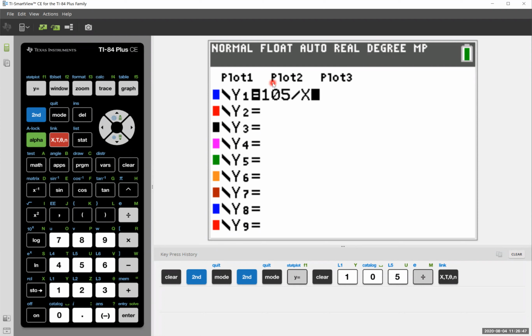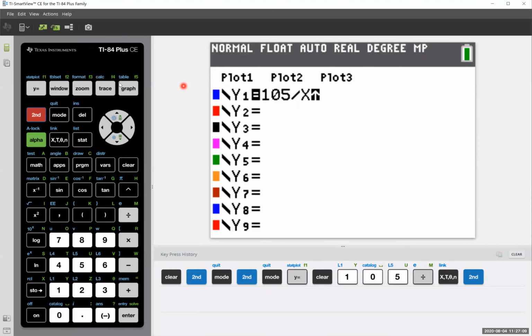Once we have this entered in, we are then going to go into the table that is created from this and find those values. To go to that table, we're going to click on second, in the top left corner of the calculator. And then in the top right corner, we have the graph button.